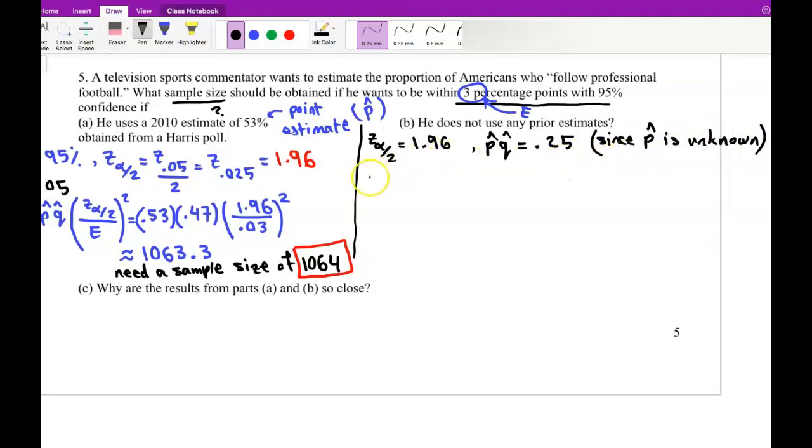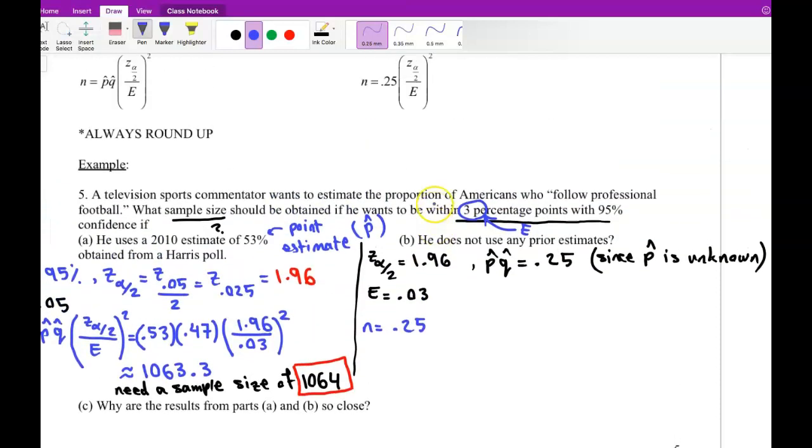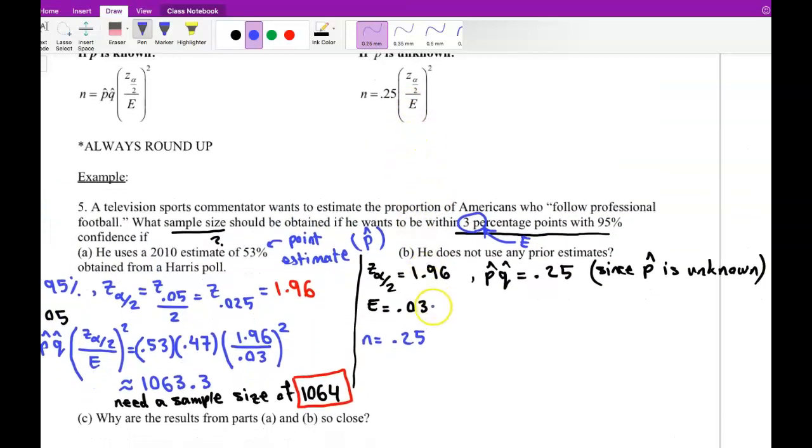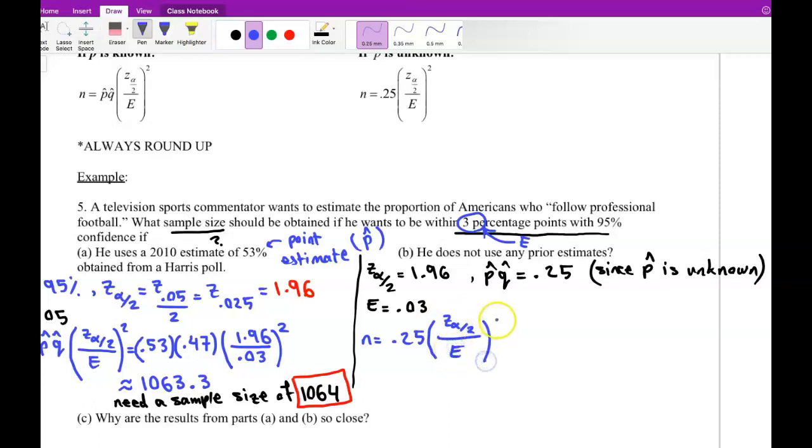And E is 3% again. Now finding N. N is 0.25 times, I'm using that one, then critical value divided by error, squaring.